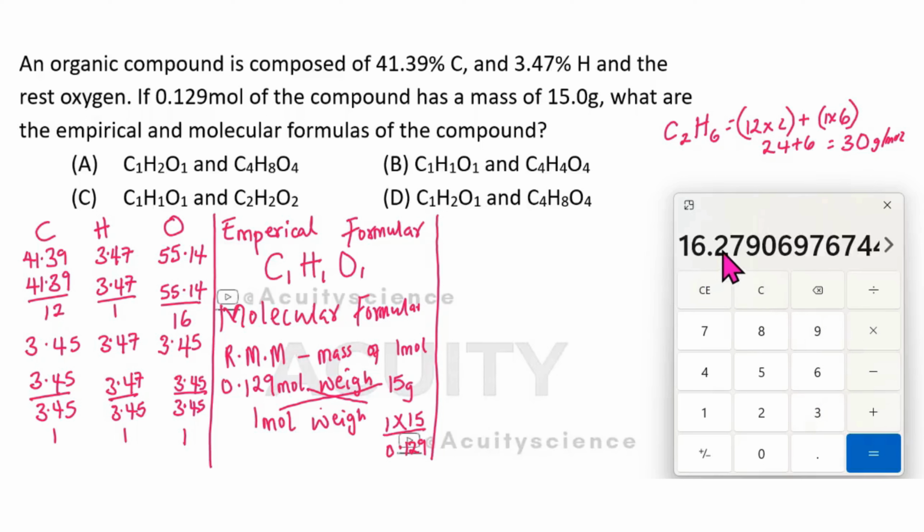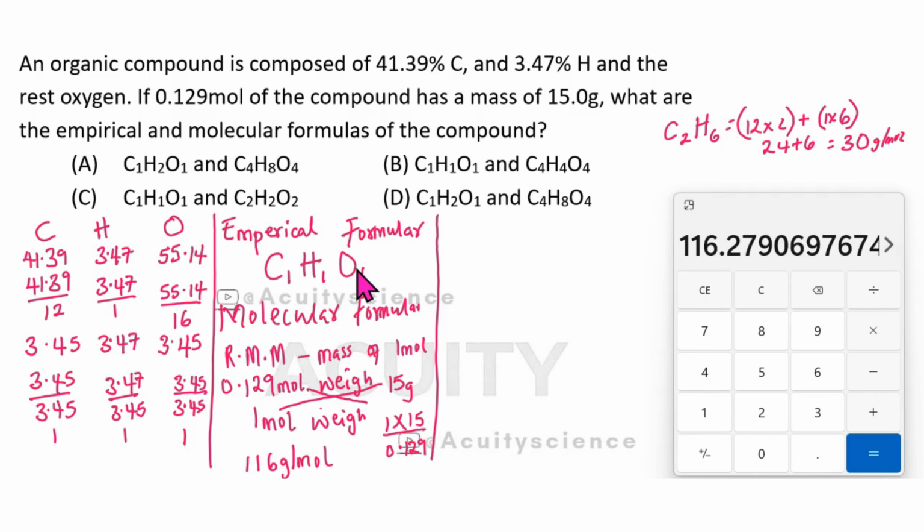We have 116. So let's call that 116 gram per mole. So we now have our RMM, 116.